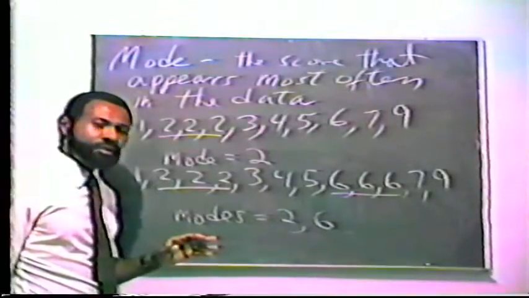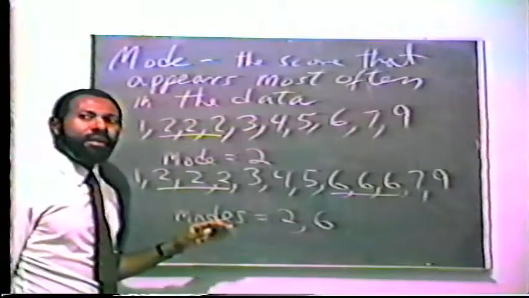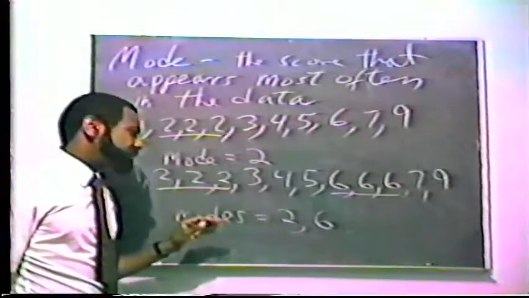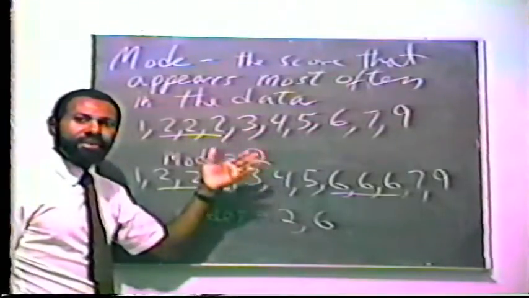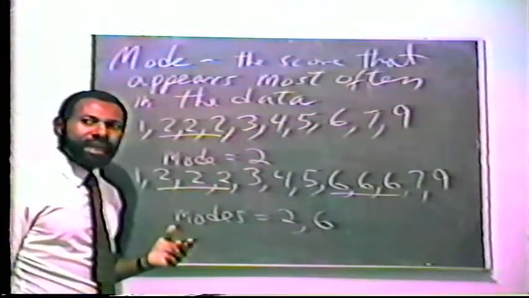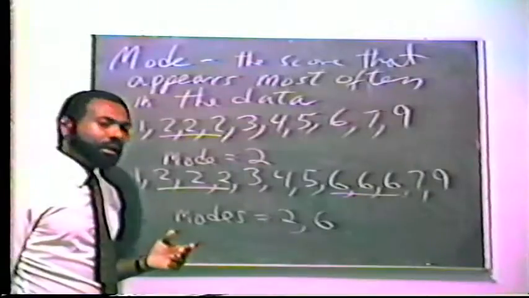You're only taking into consideration the number that is the mode, as in this case, or the number that is the median. You're not even considering all those other numbers.